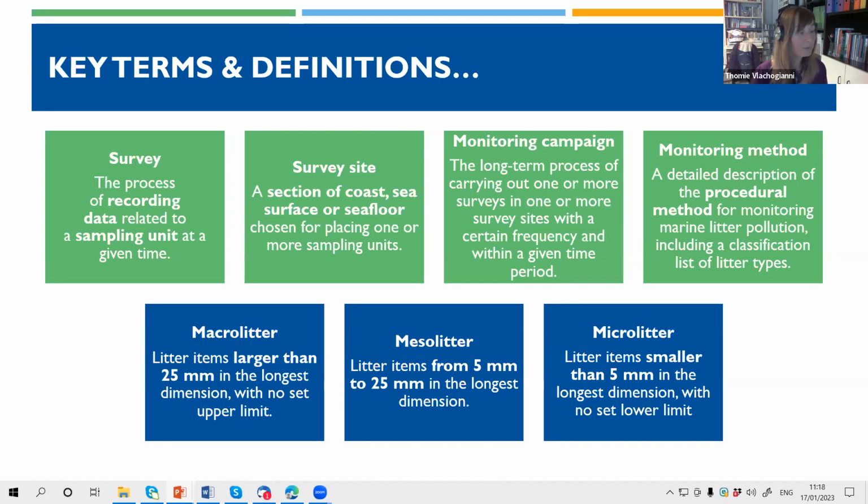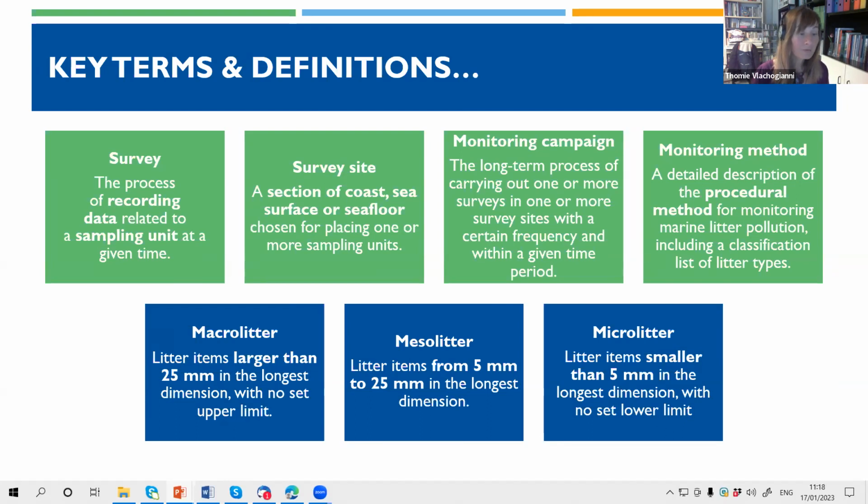And today we will be focusing mainly on macrolitter, which, as I already mentioned, are items larger than 2.5 centimeters in the longest dimension and with no set upper limit, and microlitter, which are items smaller than 5 millimeters or half centimeter in the longest dimension, with no set lower limit.